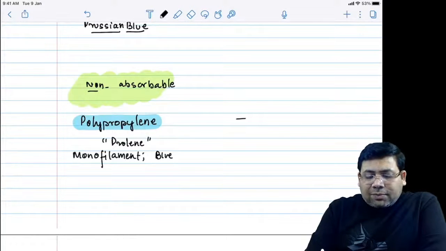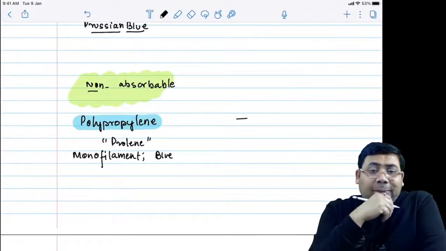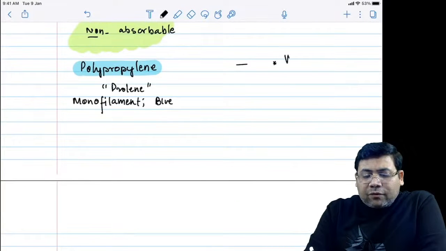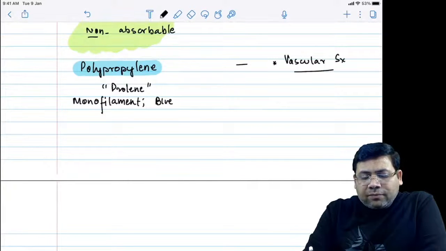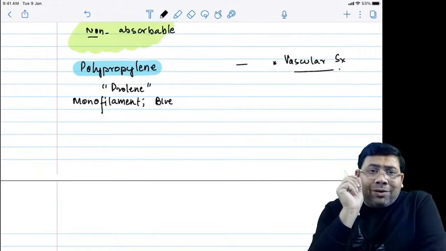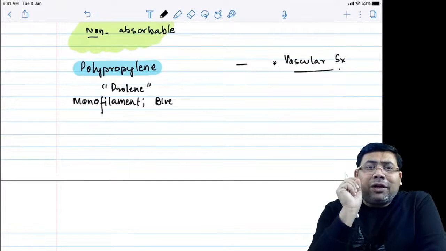Now, since it is non-absorbable, hence absorption is not applicable. Where do we use it? This is ideal suture for vascular surgery. For vascular surgery, we require a suture which is non-elastic and non-absorbable. Prolene does not have very good elasticity. I agree that it is a monofilament suture, but it is not a very elastic suture.